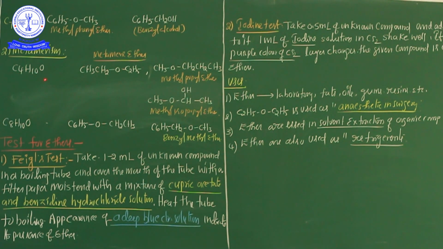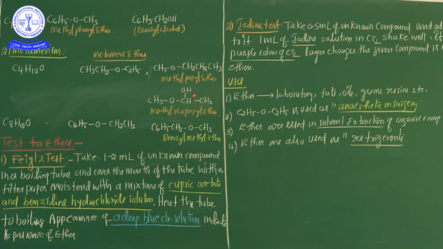See here, C4H10O. In the metameric ethers, there is diethyl ether and methyl propyl ether, two different types of ether. Metamerism means the same molecular formula, but two different types of ethers exist. This one is diethyl ether, this is methyl propyl ether, and this is methyl isopropyl ether.